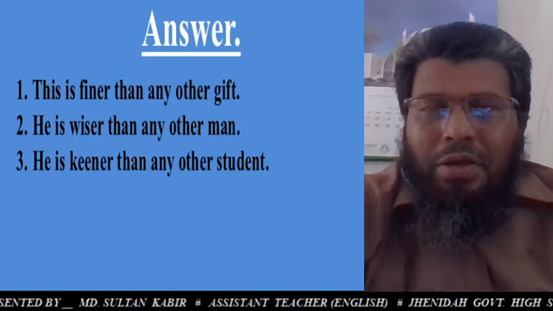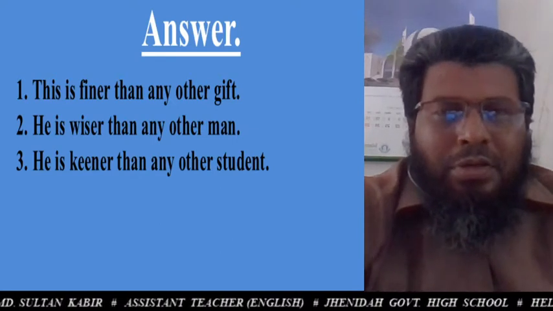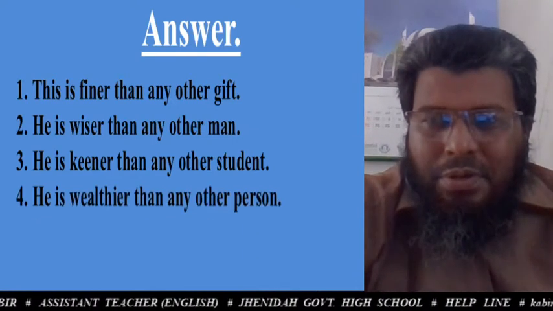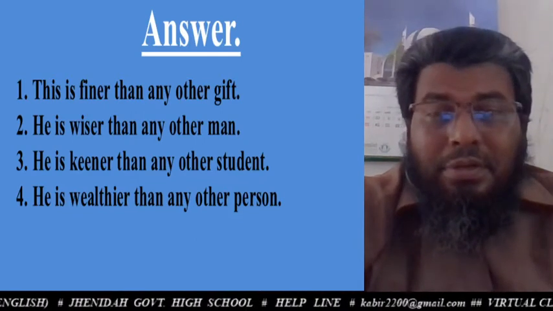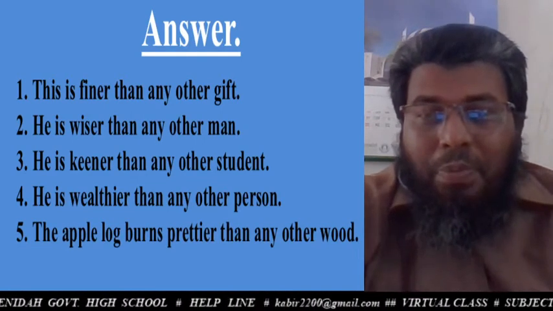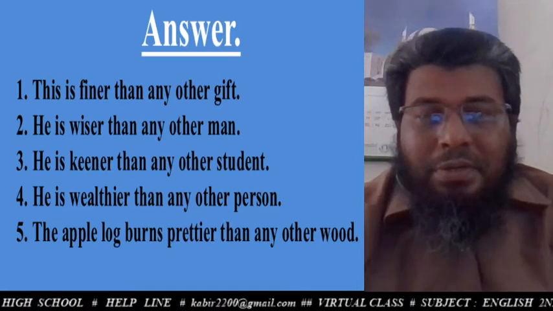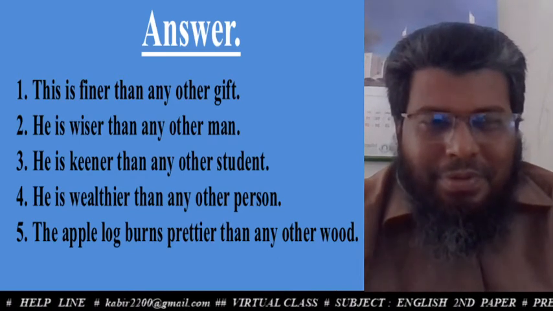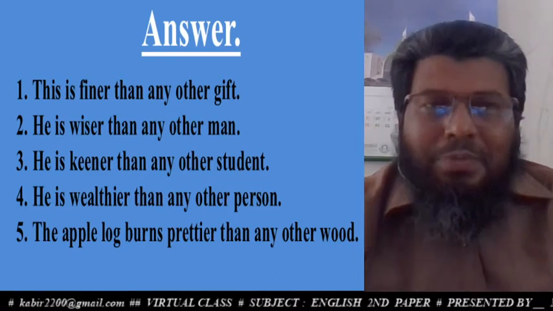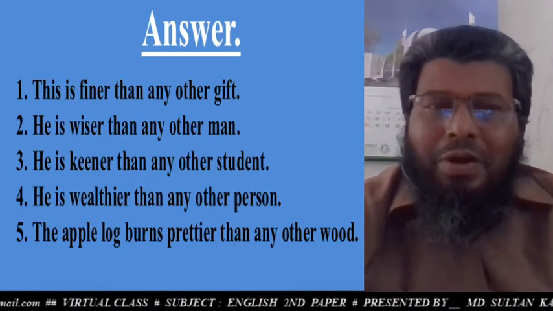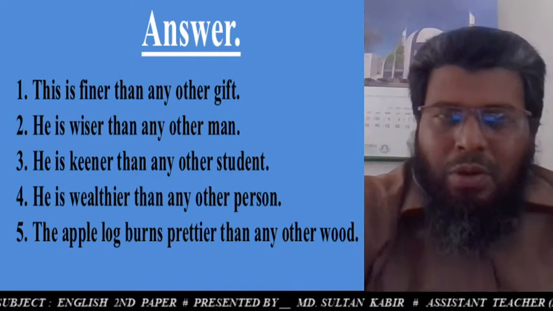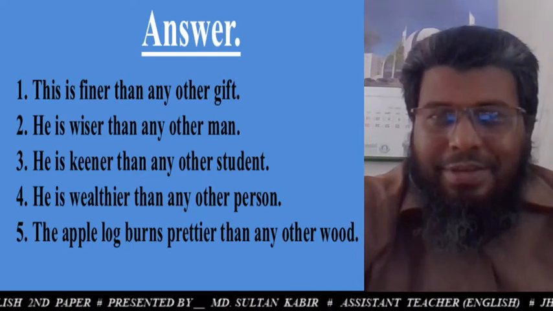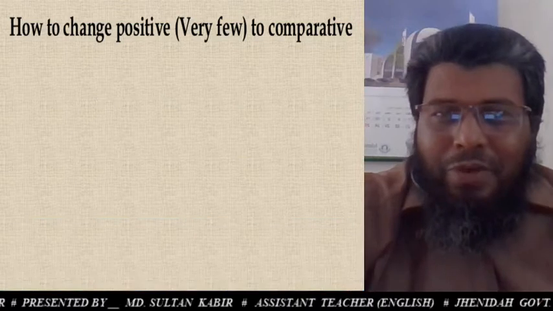Number 3, he's keener than any other student. Number 4, he's wealthier than any other person. Number 5, the apple wood burns prettier than any other. It's my expectation that you have done all these 5 correctly. Okay, now let's move to another rule.